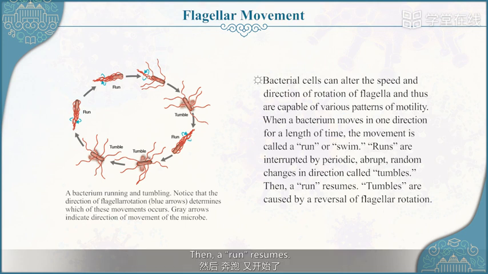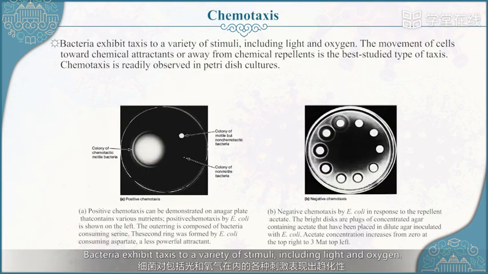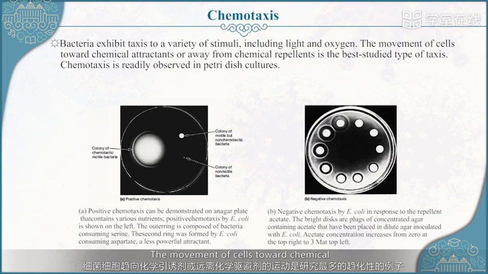Then a run resumes. Tumbles are caused by a reversal of flagellar rotation. Bacteria exhibit taxis to a variety of stimuli, including light and oxygen. The movement of cells toward chemical attractants or away from chemical repellents is the best studied type of taxis.